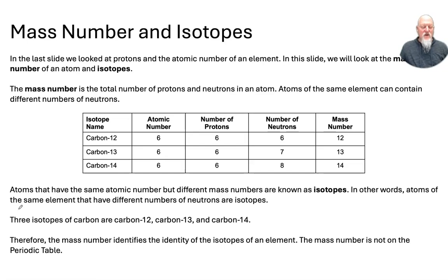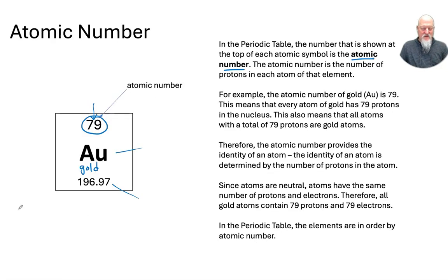Okay, so we have this other thing called mass number. It's not on the periodic table. That decimal number is not the mass number. When we say number, that means a counting number, an integer, a whole number.